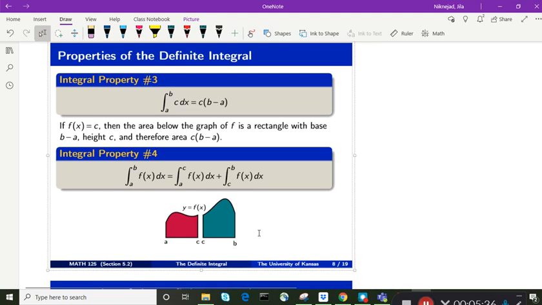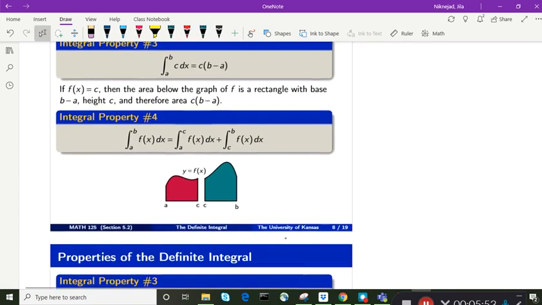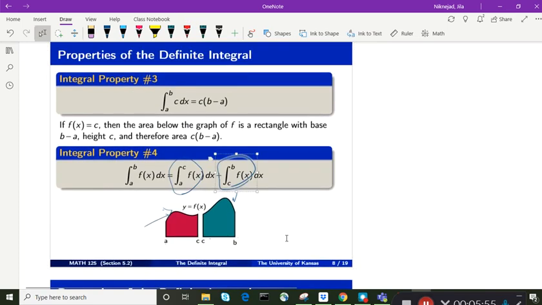And then look at this. One of them here, the pink one right here, is this integral, and this one is that integral. See, a to c, c to b. So it broke down into two pieces basically.